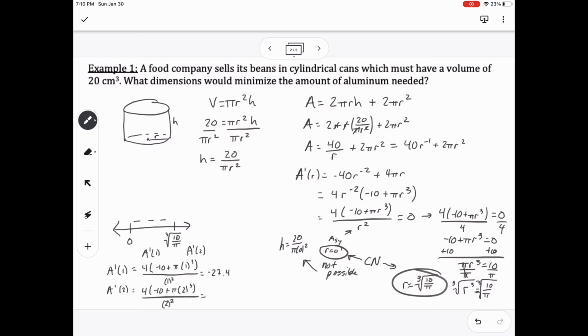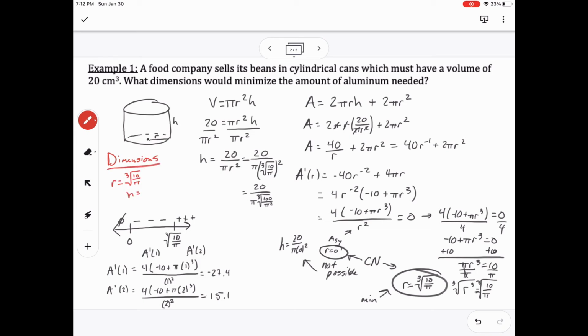Plugging in 2 gets me a value of 15.1. So it's increasing. So that means that it is a minimum at that cube root of 10 divided by pi. And so that's where our area would be minimized. So I would plug that in, so I can figure out what my heights would be, because it's asking for the dimensions, so it wants to know my answer as the radius by the height in this case.